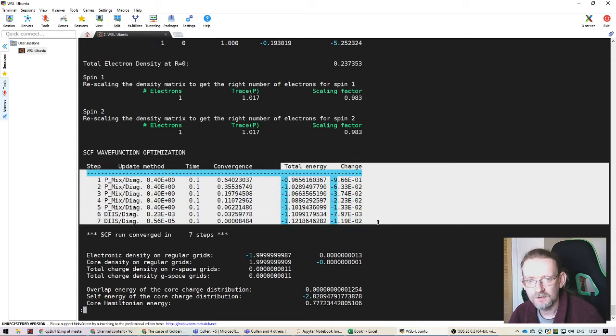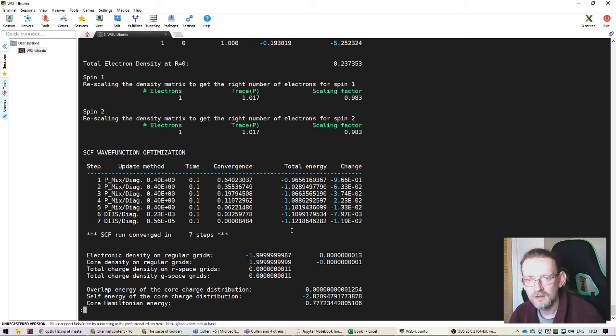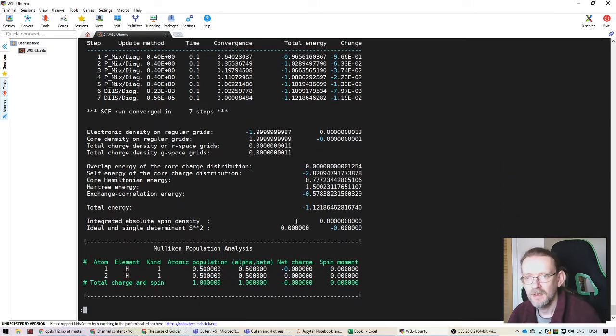And here you can see the total energy of the system is decreasing until it gets to this number, and there are some bits telling us about convergence. We won't go into exactly what this means, but in 7 cycles it goes through and finds a minimum energy. And there's a little bit of detail about the different terms in the Hamiltonian.